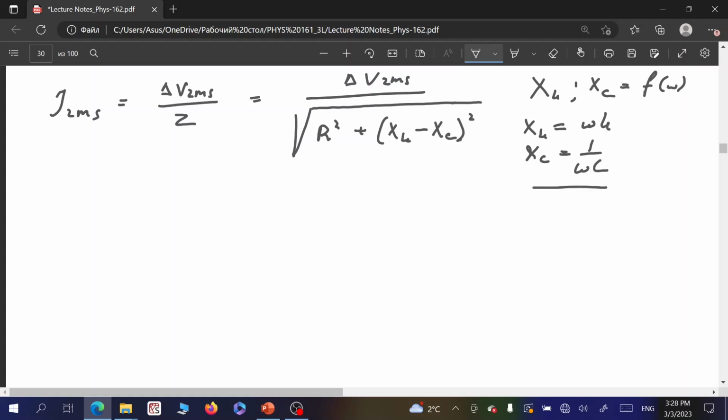Okay, so here we have these expressions for the frequency dependencies of inductive and capacitive reactance. At some frequency omega naught, these guys will be equal to each other.